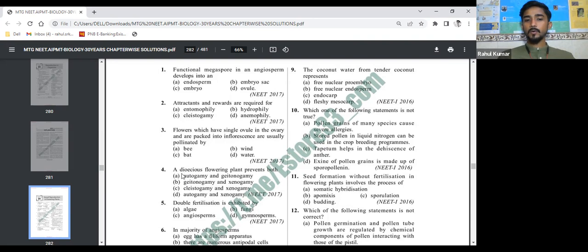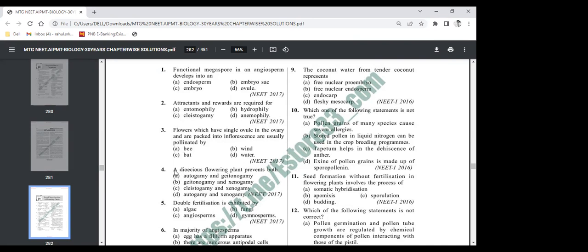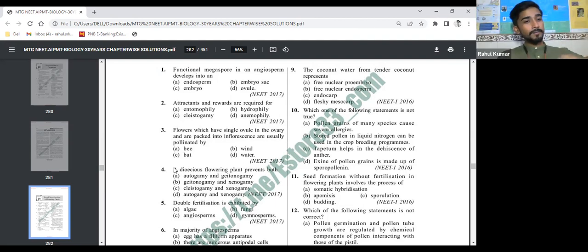Because if it's a dioecious flowering plant, what does the word dioecious mean? Dioecious flowering plant means the plant has two separate bodies, right? Each body has one sex, which means on one plant there can either be male flowers or female flowers.